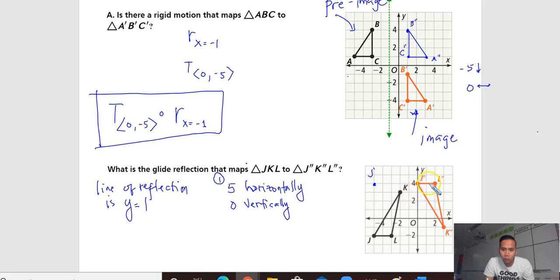This is L prime. And then K is 1, 2, 3, 4, 5. So this is your K prime. Okay, if I connect those, my triangle looks like that.